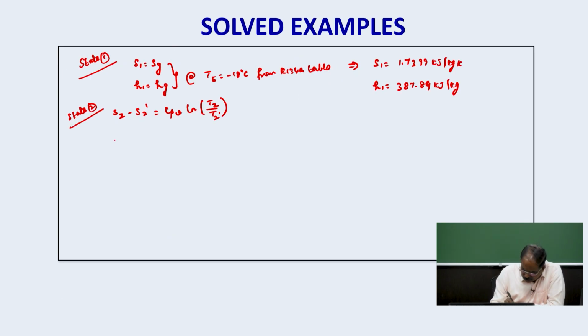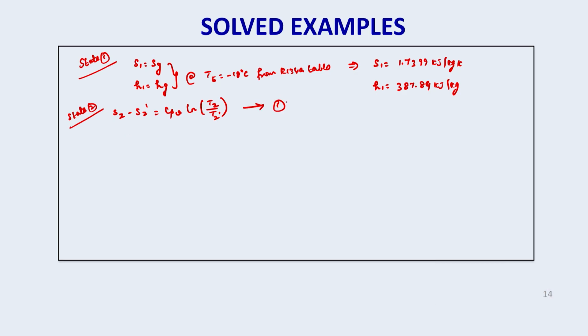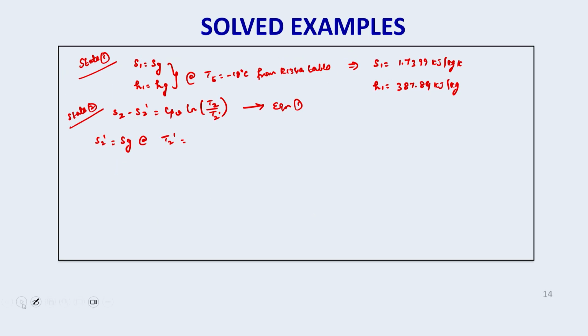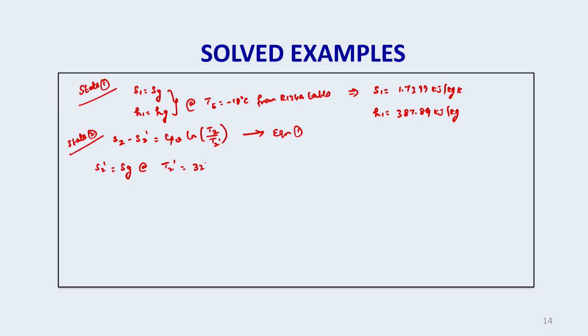So now, S2 dash, let this be equation number 1, is equal to Sg at T2 dash temperature. What is the temperature of T2 dash? T2 dash is nothing but T3, which is the condenser temperature, 32 degrees centigrade.